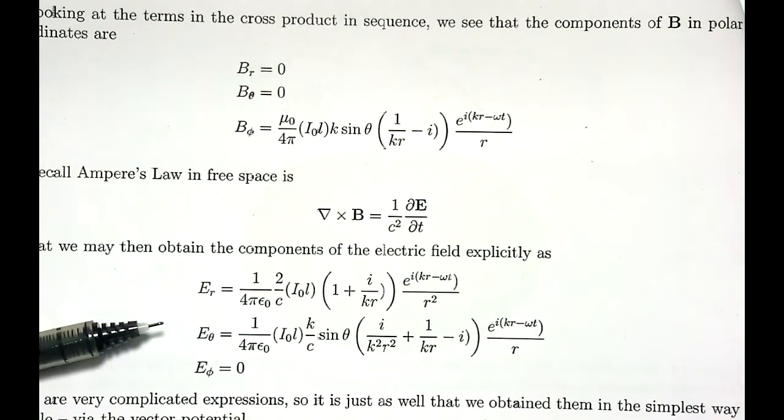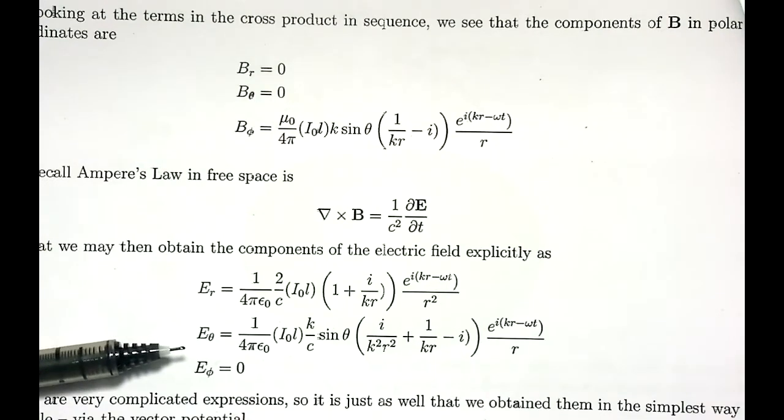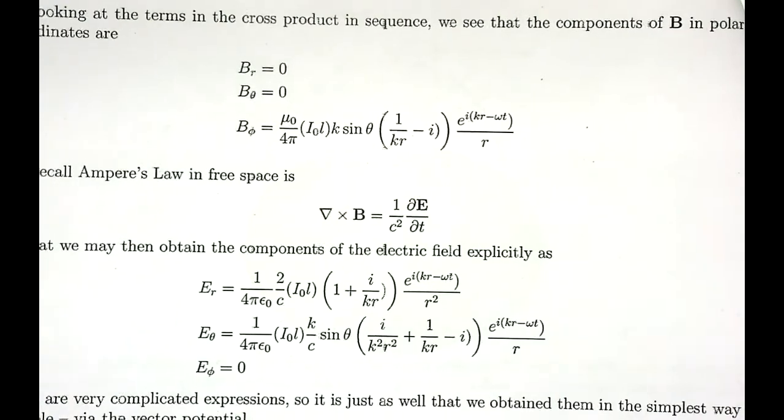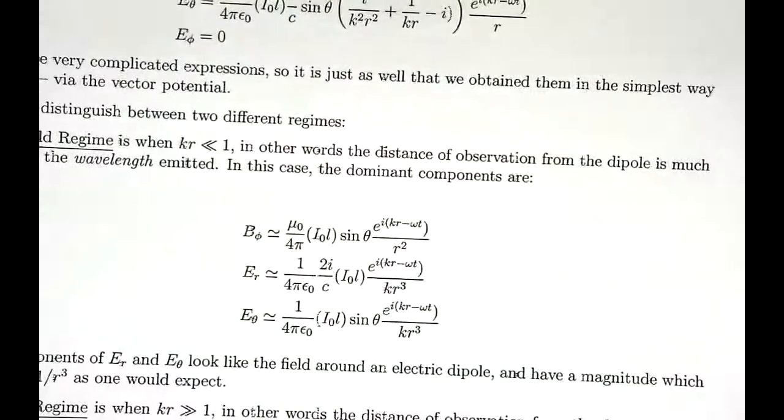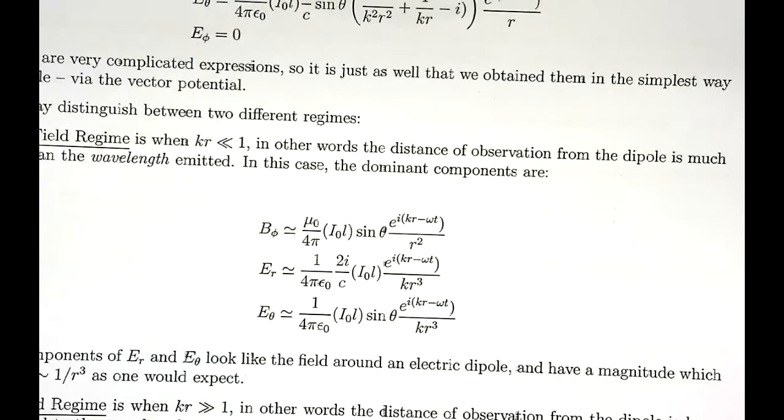By taking the curl of that field, you can obtain the electric field, and you see several components appearing. And we can look at several different regimes. The interesting ones are the near field regime, where we see a dipole-like component appearing, which one might expect.